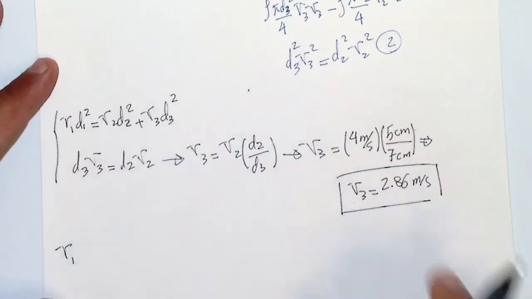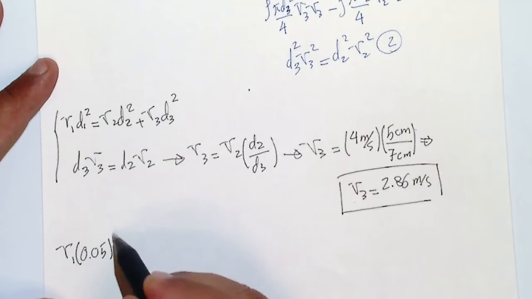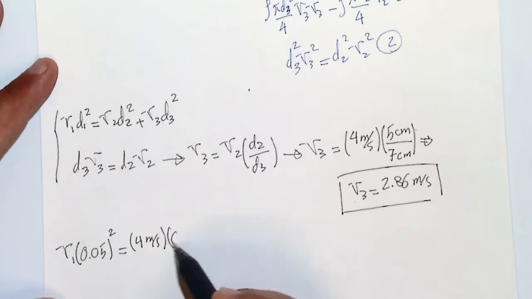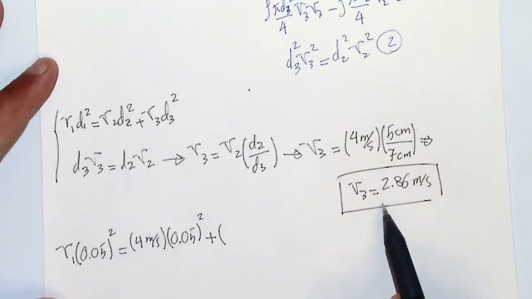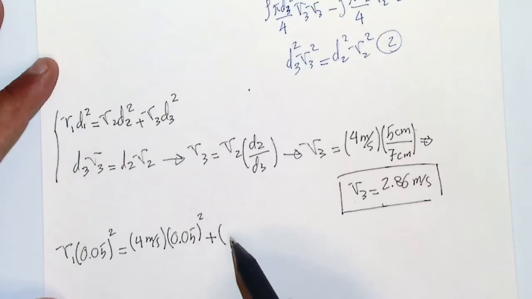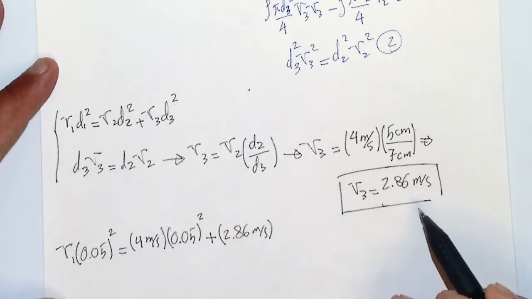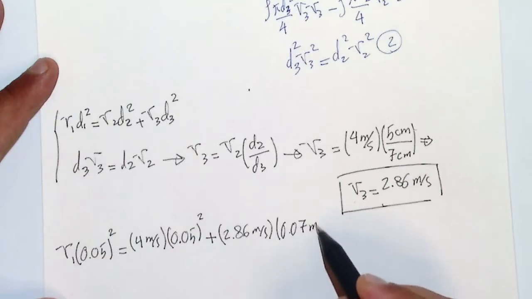So v1 times d1, which is 5 centimeters squared, has to be equal to v2, which is 4 meter per second, right, times d2, which is 5 centimeter again squared, plus v3, which is found here and has an amount of 2.86 meter per second, multiplied by d3 squared, which is 0.07 meter squared.